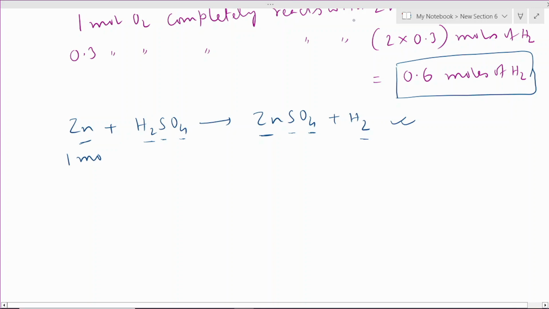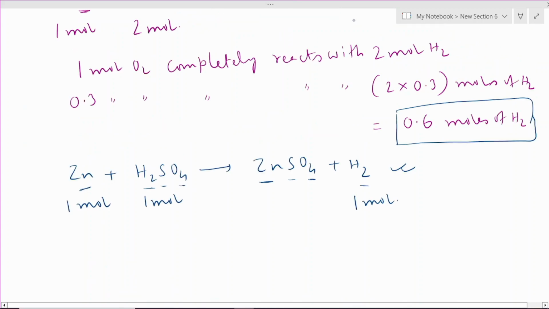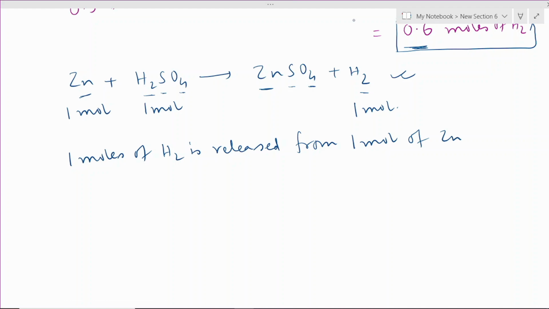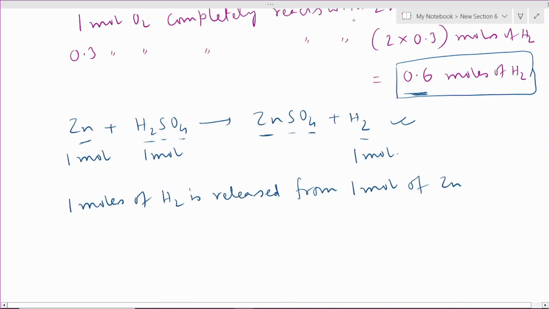From this reaction we can see that 1 mole of zinc reacts with 1 mole of H2SO4 to give 1 mole of hydrogen. Here 0.6 moles of hydrogen is required. So 1 mole of hydrogen is released from 1 mole of zinc, so 0.6 moles of hydrogen comes from 0.6 moles of zinc.